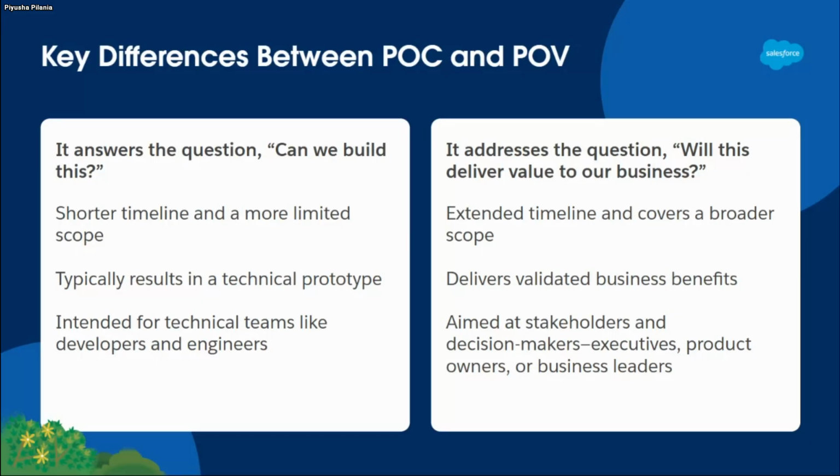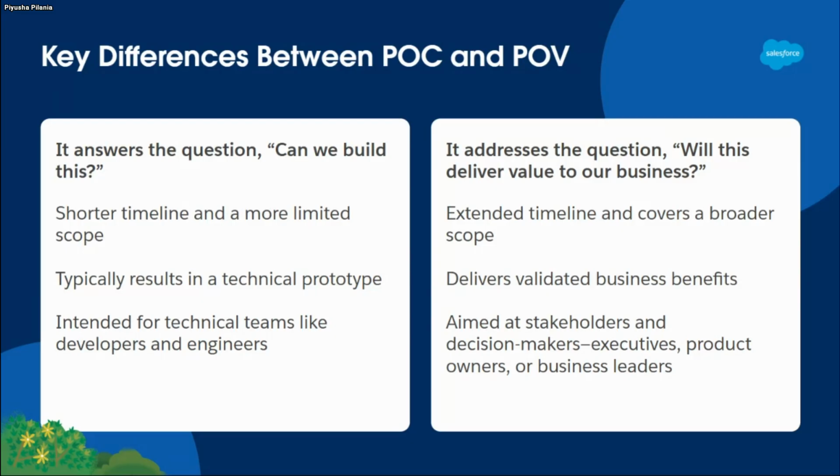Lastly, the target audience, and this is also very important, because when you're building any document or presentation, you want to focus it on the audience you have. The target audience for a POC is normally technical teams, developers, engineers, sometimes your internal leadership team.